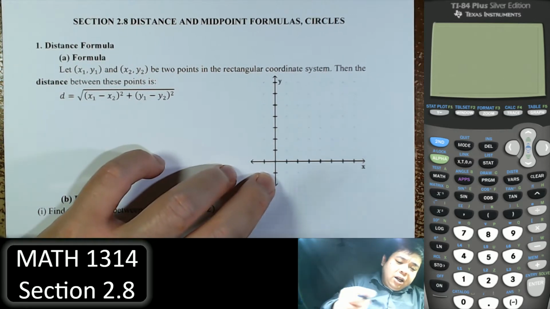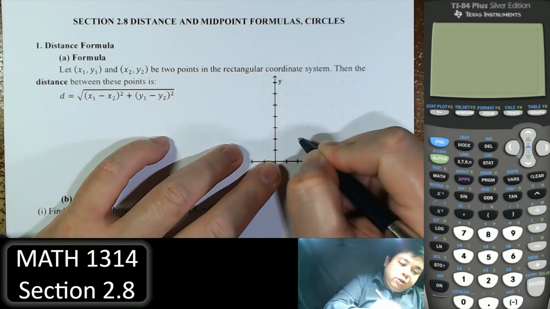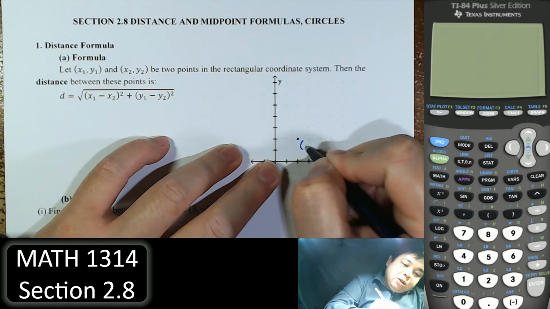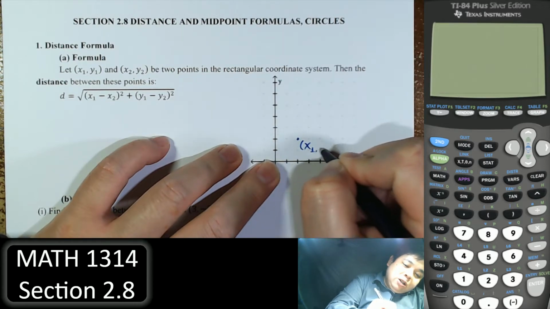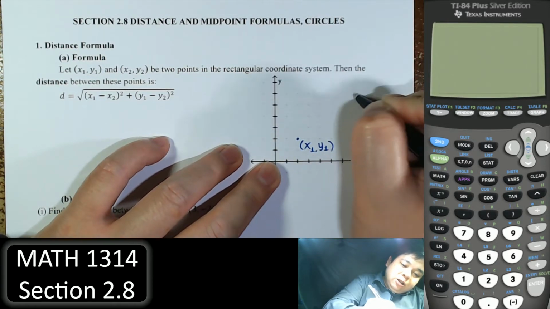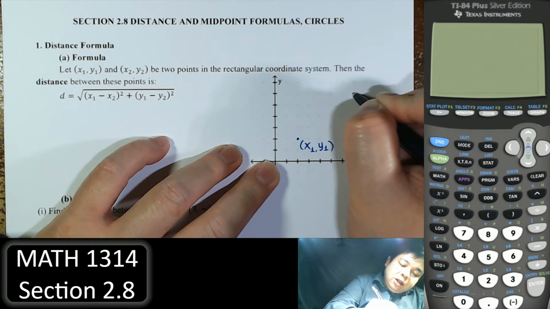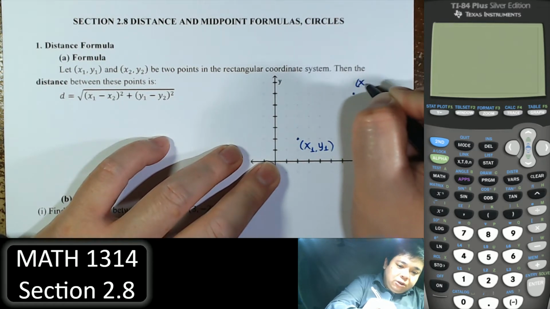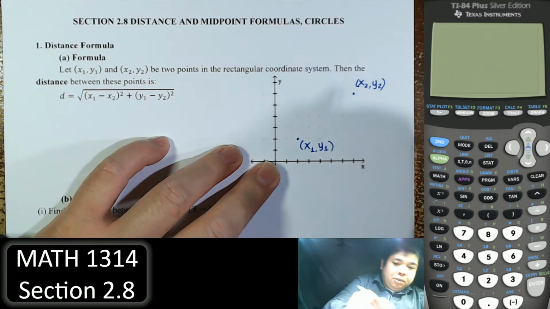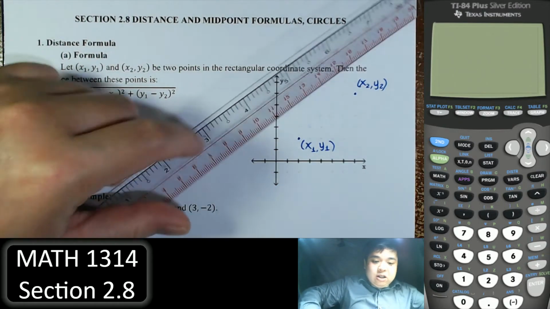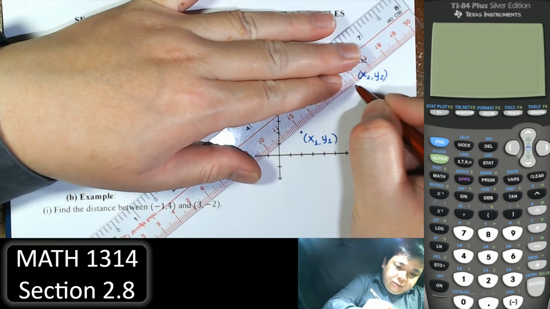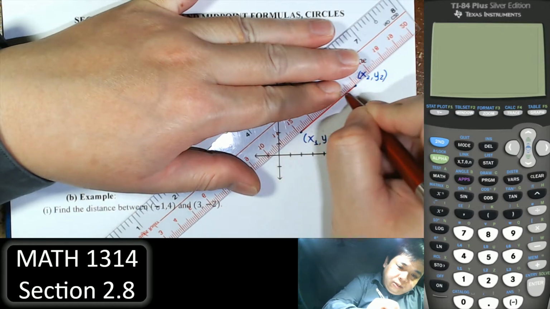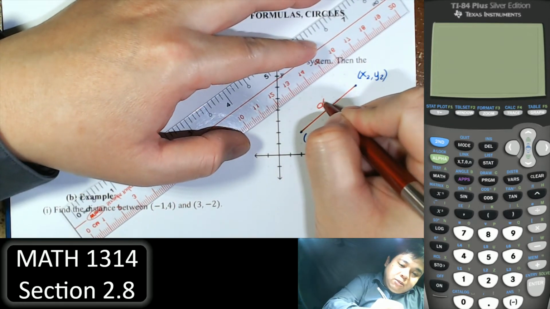So let's just sketch the proof. So we have x1, y1, and there's a x2, y2. And we want to find the distance between them. Let this one be d.